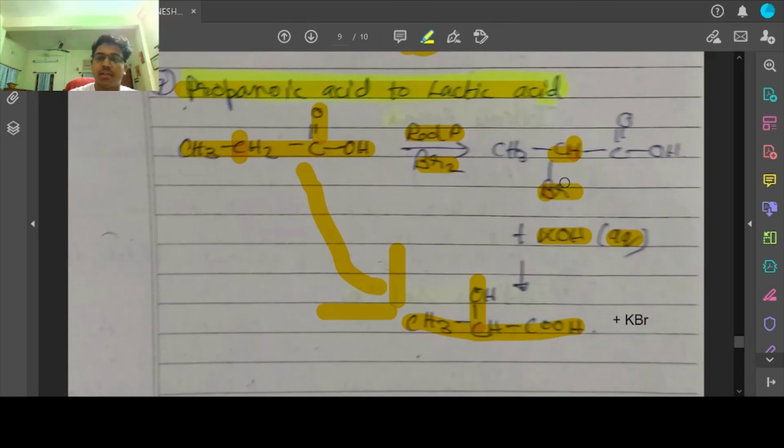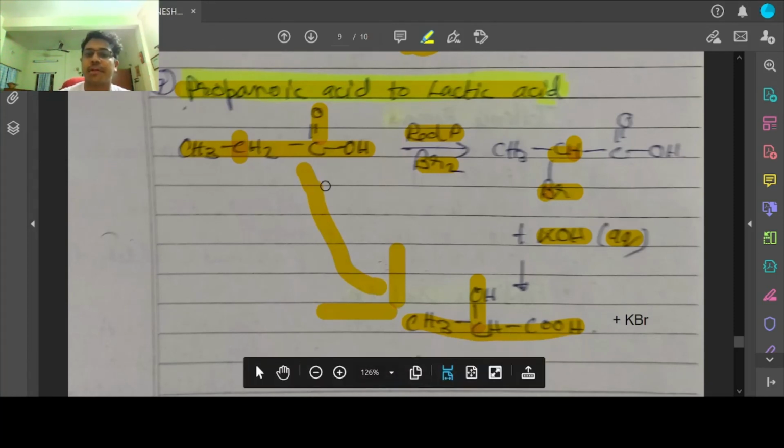How to replace it? Treat it with aqueous KOH. On treatment with aqueous KOH, the bromine group is replaced with a hydroxyl group and lactic acid is formed. So our aim was to convert propanoic acid to lactic acid, and we have done it.